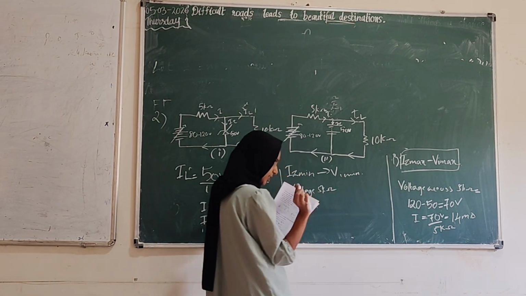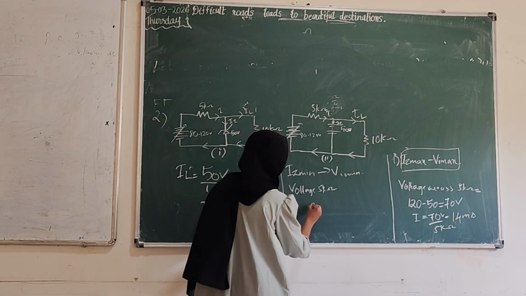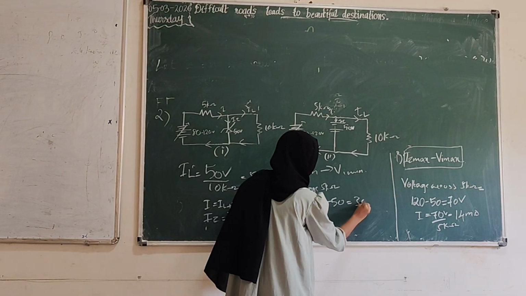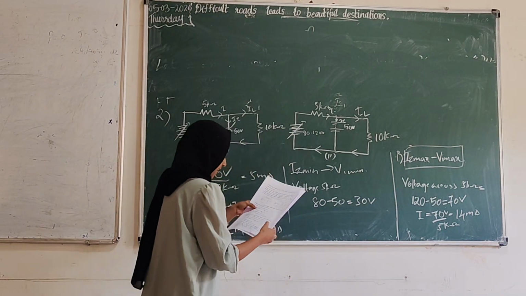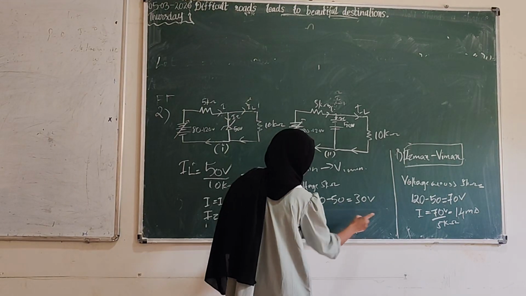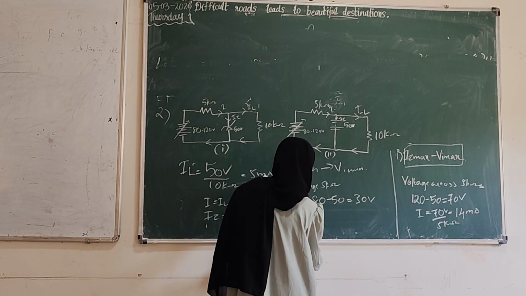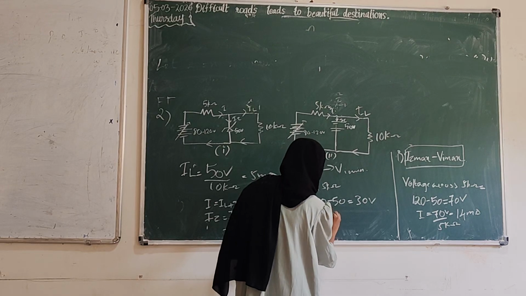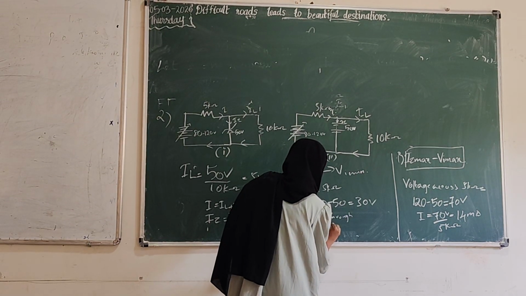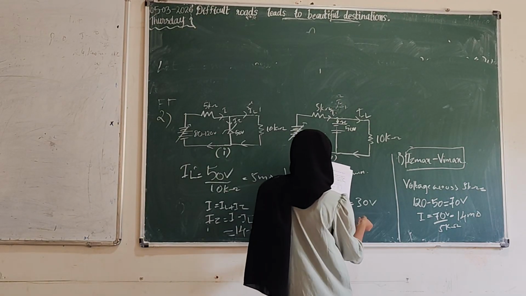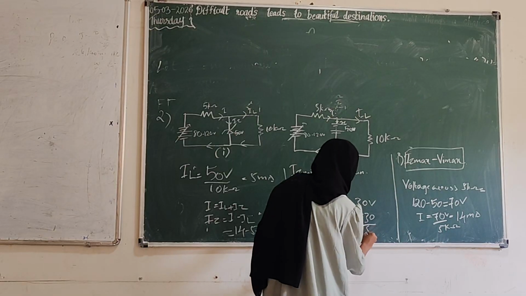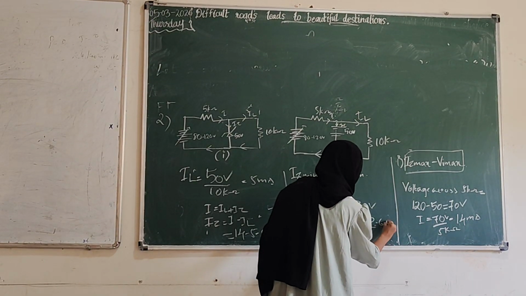By applying Kirchhoff's voltage law, 80 minus 50, that is 30 volt, and the current through the 5 kilo ohm is 30 by 5, that is 6 milliampere.